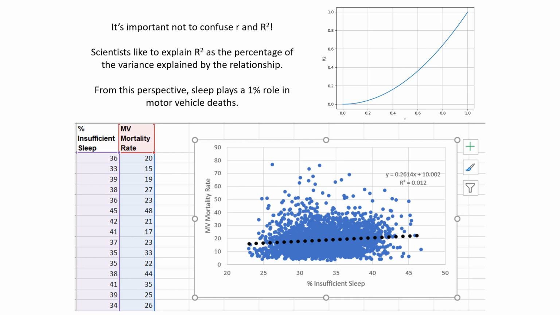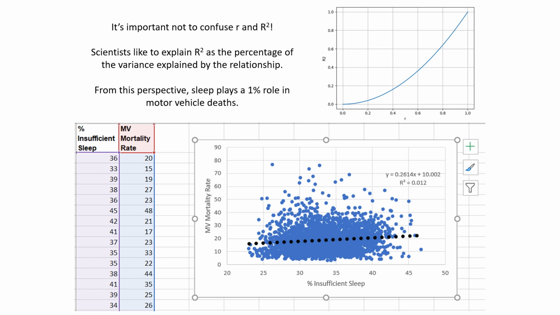If R is 1, then they are exactly the same, but that's the only case in which that's true. By the time you get to an R of 0.8, the R-squared value is only at about 0.65, and by the time R is 0.2, you can see that the R-squared value is probably about 0.05. So that graph kind of captures the relationship there.